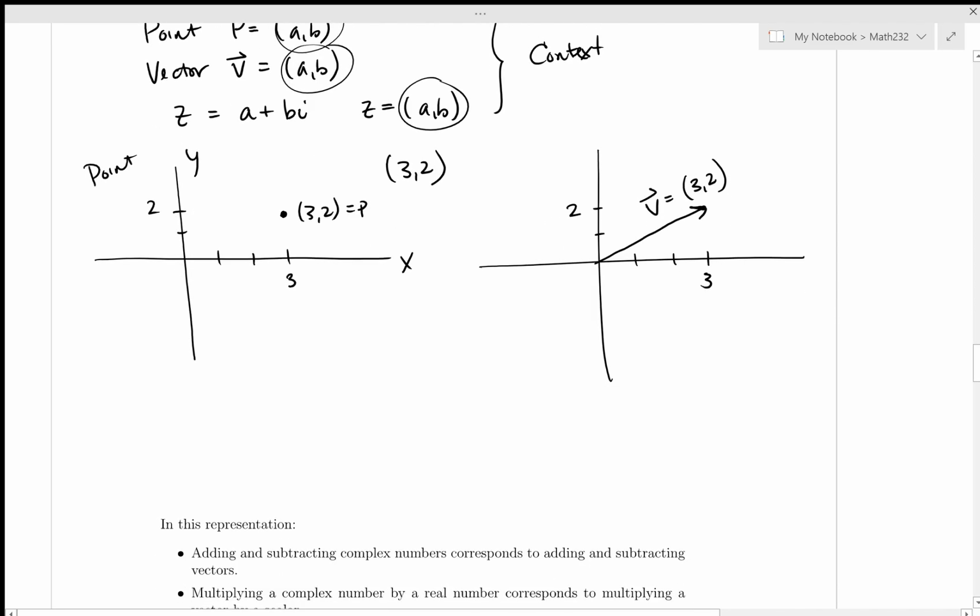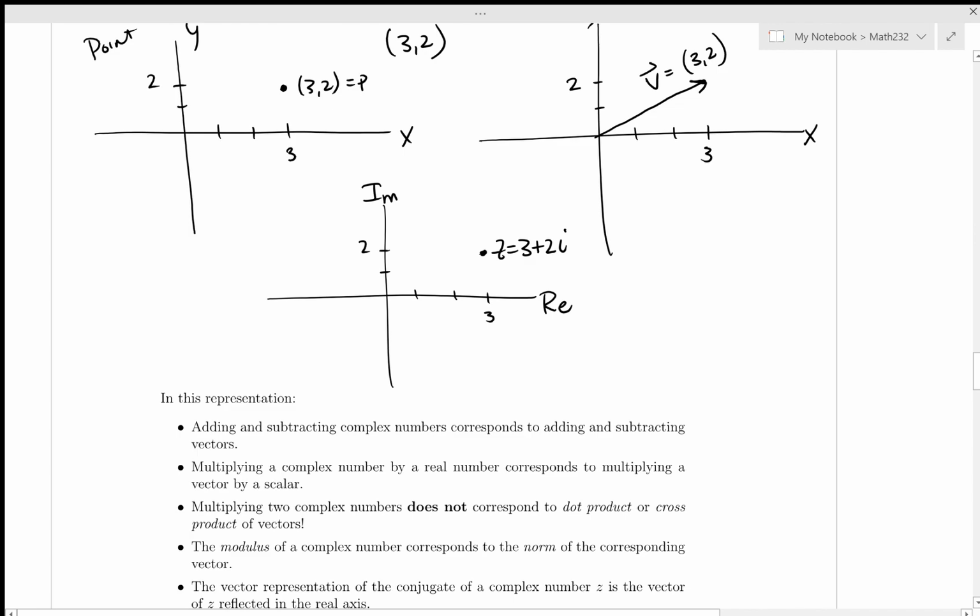Then the other thing I could be thinking is that I'm thinking of (3, 2) as a complex number, and I denote this, in this case I have x and y here, and I can denote this as the real axis and this as the imaginary axis. I come along here, there's 3, I come up here, there's 2, and I put the point right here, and then this is z equals 3 plus 2i.